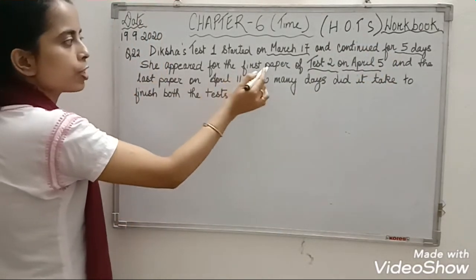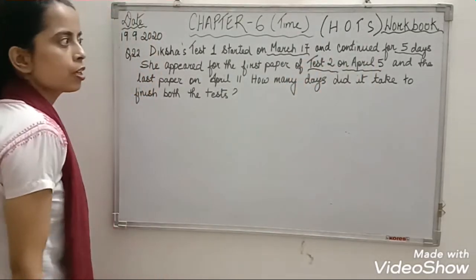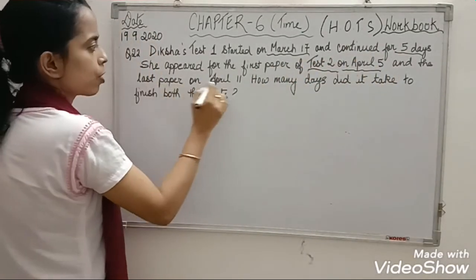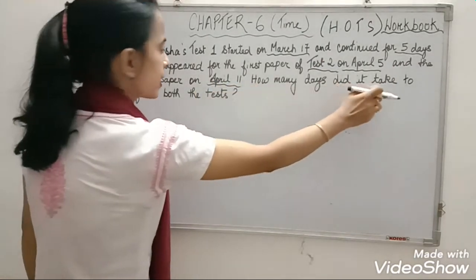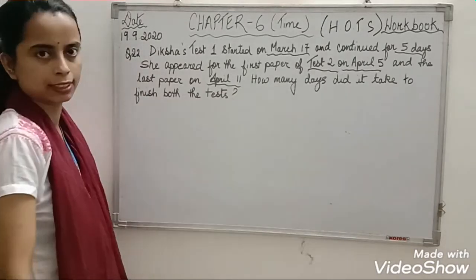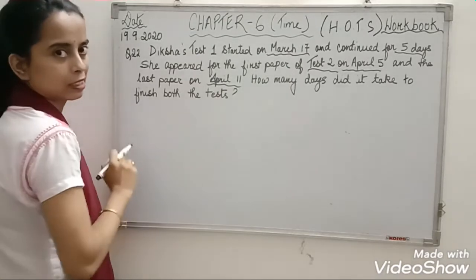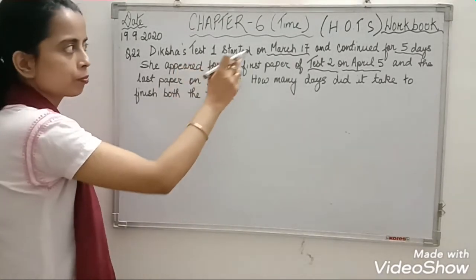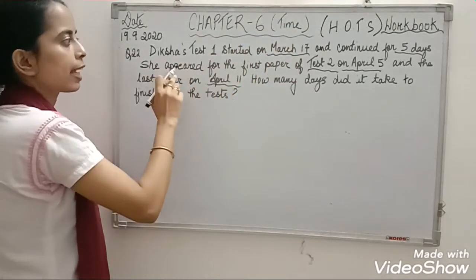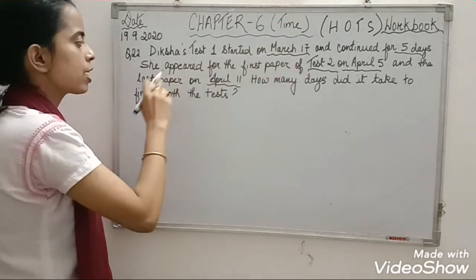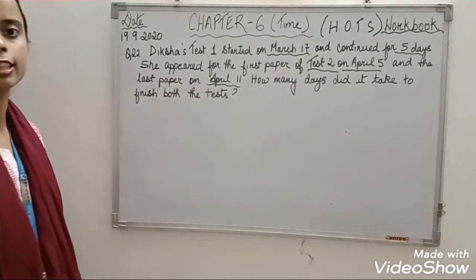She appeared for the first paper of test 2 on April 5, and the last paper on April 11. So, how many days did it take to finish both the tests? First test started on March 17, continued for 5 days. Second test started on April 5, ended on April 11. How many days did it take to finish both the tests?